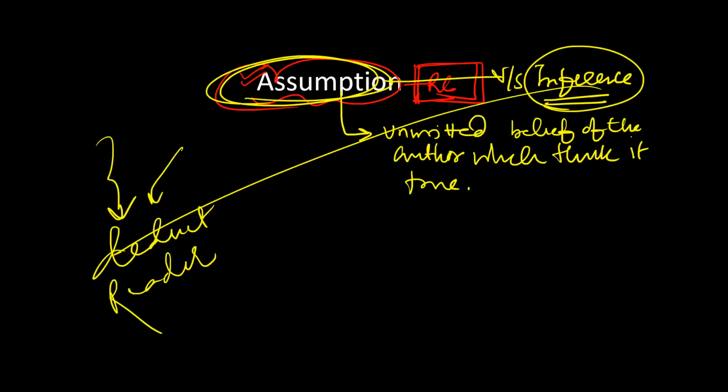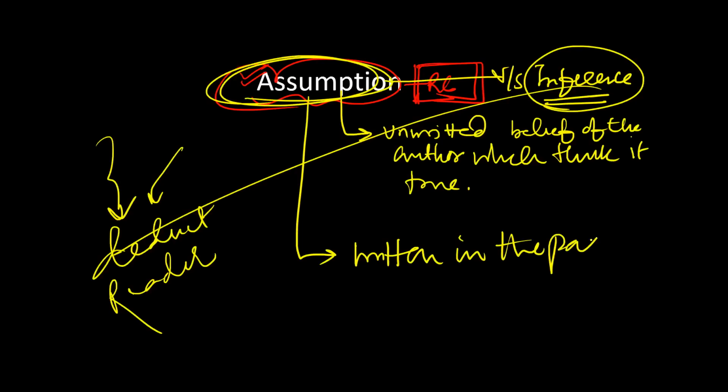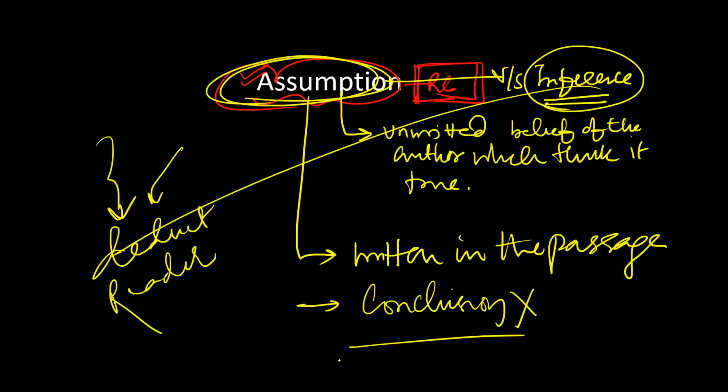One thing you have to be very clear in your mind, that assumption will not be written in the passage. And assumption has to be in line with the conclusion. It cannot go against the conclusion. Okay, so with this, let us try to see some of the questions.